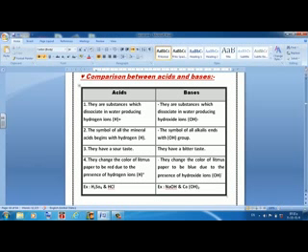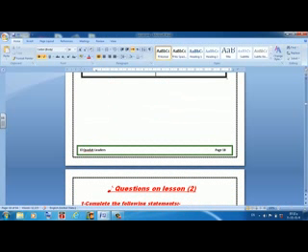And here H2SO4 we will read as sulfuric acid. HCl we will read as hydrochloric acid. Here in bases, NaOH we will read as sodium hydroxide. Ca(OH)2 we will read as calcium hydroxide.